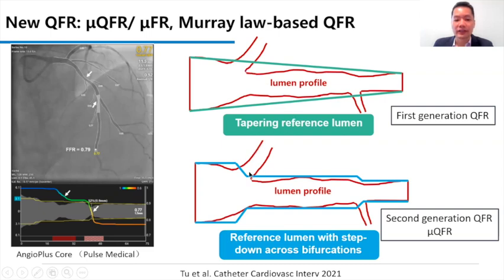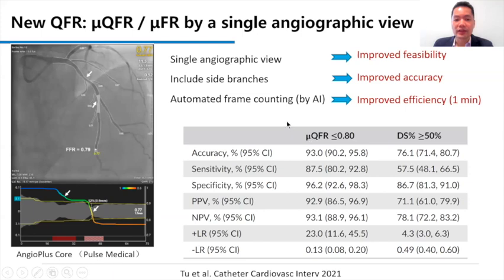So in the second generation, we call it Murray law-based QFR. We reconstruct all the side branches and use the size of the side branches to create this step-down reference diameter. This is very important to estimate the healthy vessel and include that in the QFR computation. In addition, we made it work with a single angiographic view.